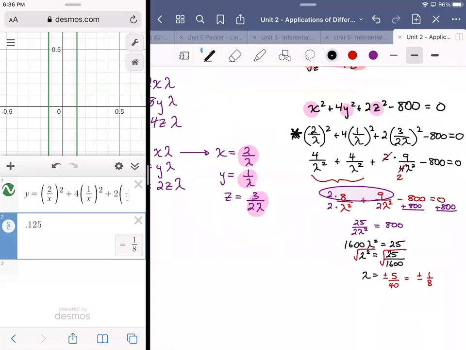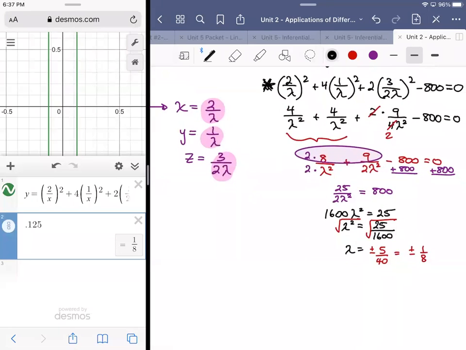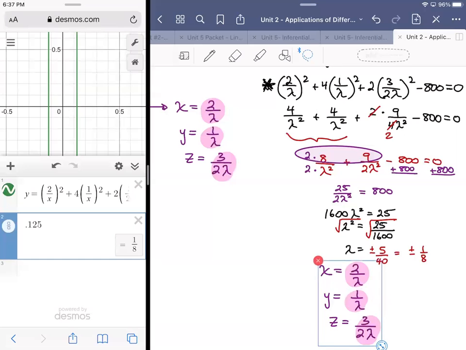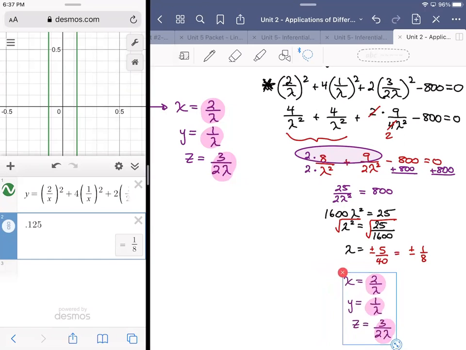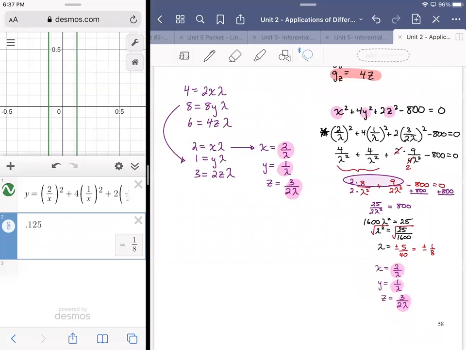But we have the lambda values. One is positive, one is negative. Contextually, we have reason to think that maybe we don't want the negative, but sometimes negatives are okay. So we've got to keep that in mind, right? We do have a relationship between X, Y, Z, and lambda.